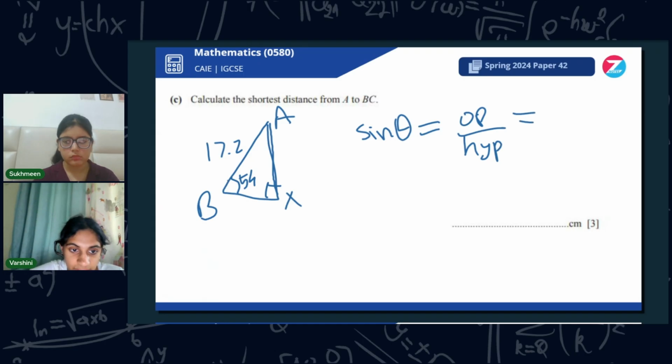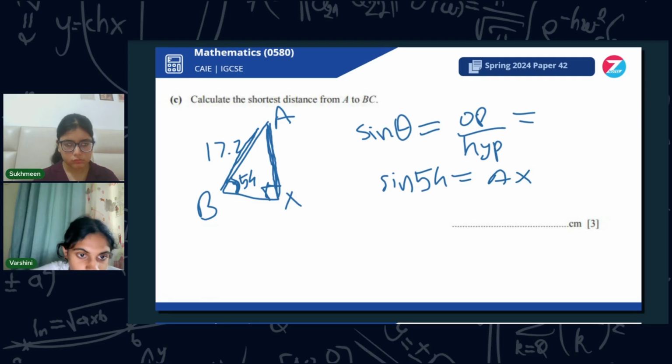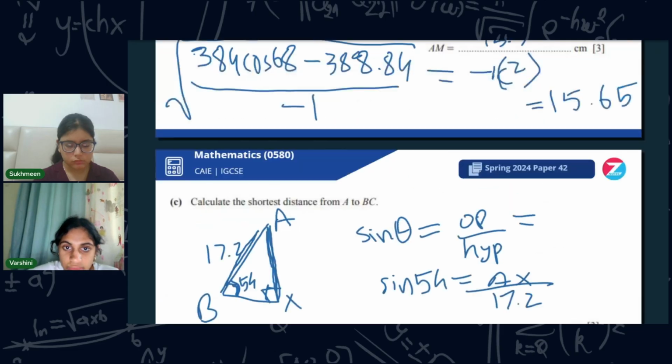Over this angle, if we took sine of 54, we get its opposite, which is AX. So sine 54 equals AX divided by the hypotenuse. Since this is the right angle, this will be the hypotenuse, and the hypotenuse is 17.2. So AX divided by 17.2.